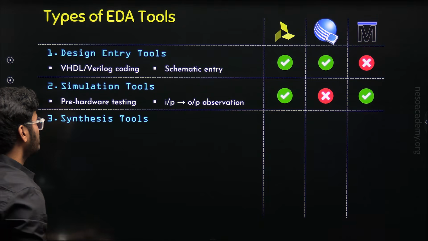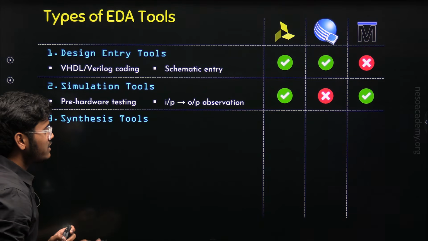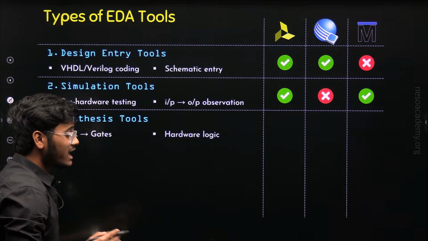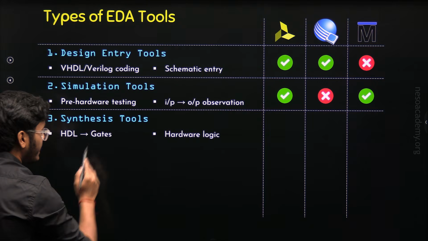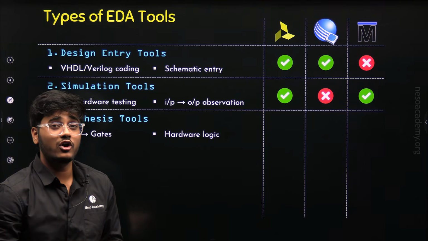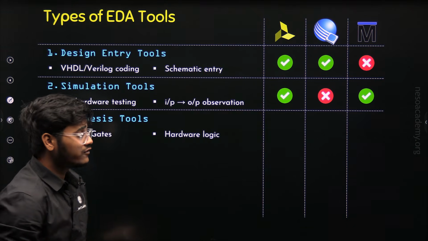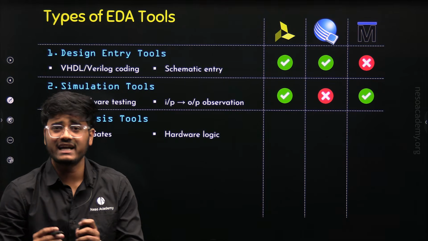Now, the third type of tools, synthesis tools. Synthesis tools convert the VHDL code into hardware logic, which means HDL code into logic gates, or we can say a netlist is generated. We all know what a netlist is: a connection of logic gates or hardware logic, which means a circuit diagram.